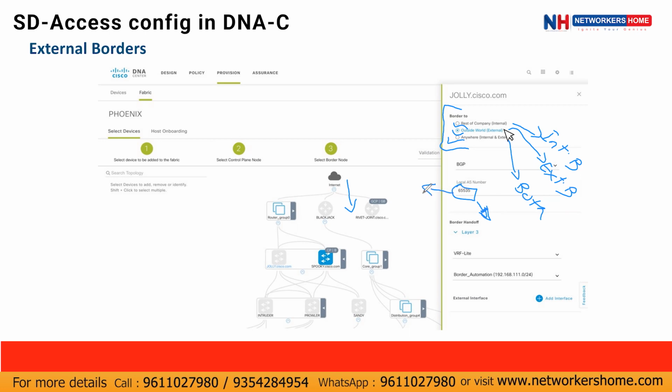So if this is 535 and remote is 65534, you have to do the configuration on this external border, or this both, whatever, irrespective of the role. You have to keep the reachability with the traditional network if you want to do a handoff with the known networks or the unknown networks.